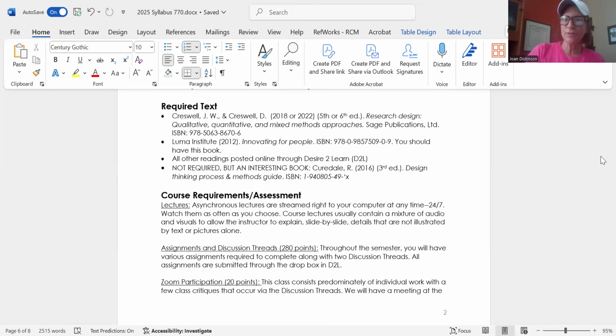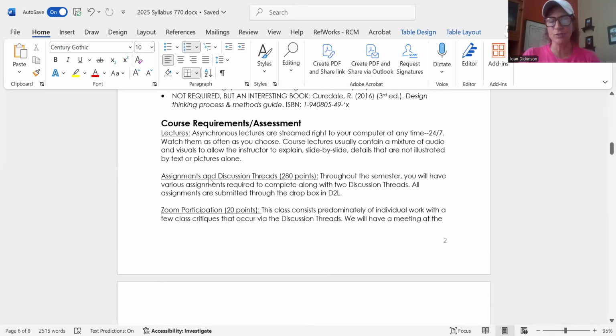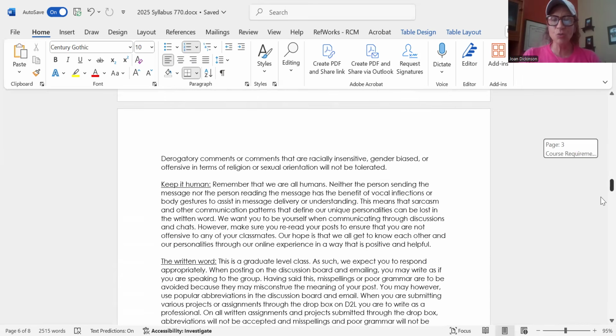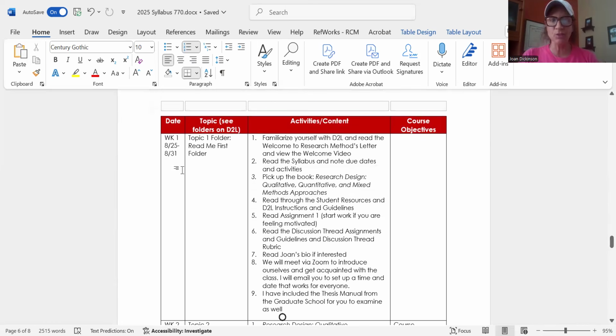And then you're also going to see as you look through the syllabus that our classes predominantly comprise this semester of assignments, and we do have a discussion thread that we will complete for this class as well. If I scroll down here, you're going to see the class is organized according to weeks.